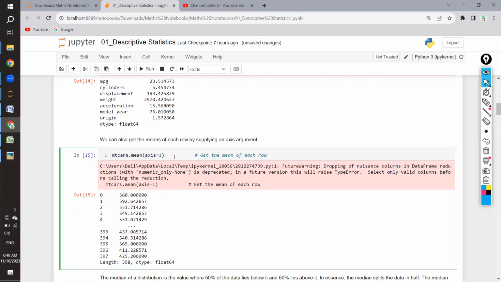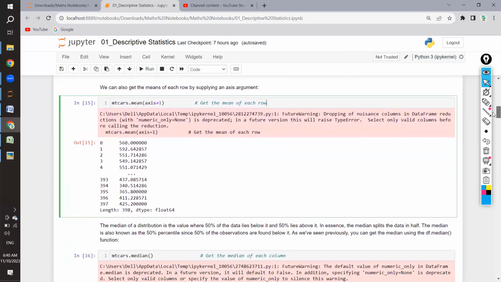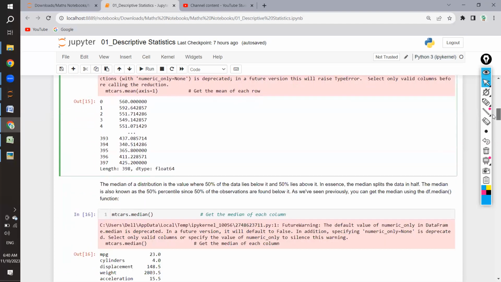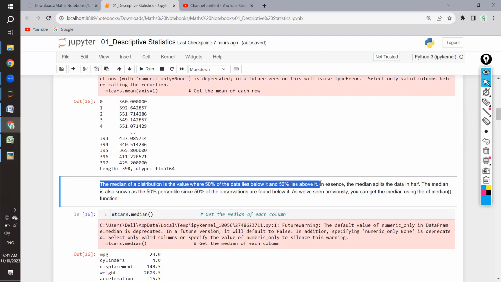Now, the median of a distribution is a value where 50% of the data lies below it and 50% of the data lies above it. This point we are reading here is very important. You are going to see its importance in the next class when we discuss something called percentile. Yesterday we saw mean, median, mode.